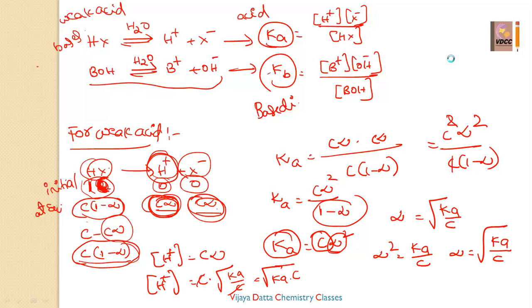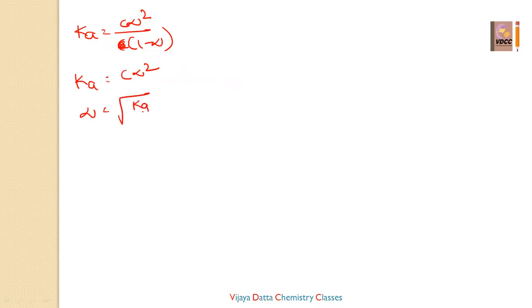Here I am writing the complete formulas. First one is Ka equal to C square alpha square by C into 1 minus alpha. As we neglected alpha, then Ka equals C alpha square. I want alpha, then alpha equals root Ka by C. The concentration of H plus is equal to C alpha.